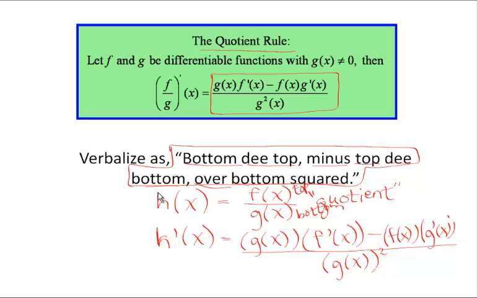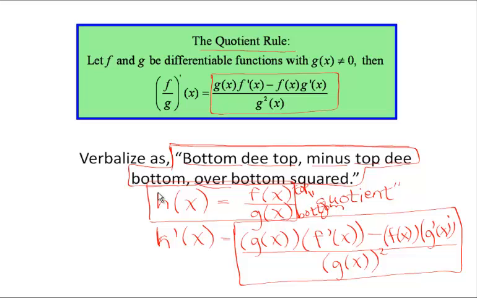There is the quotient rule for derivatives. If you have a function that is defined to be the quotient of two other functions, this is how you are going to find the derivative. And the easiest way to apply all of that, because our mind is not built for symbols.